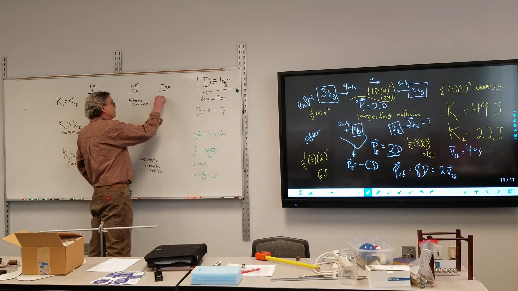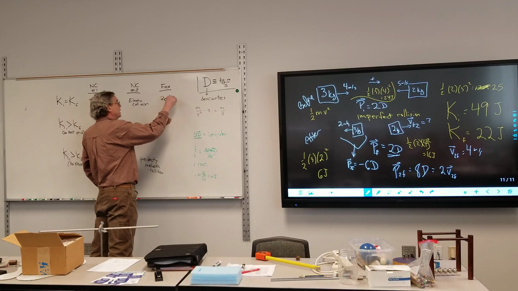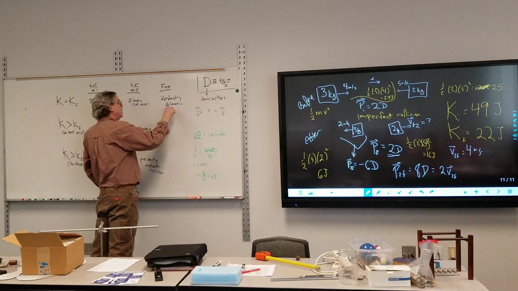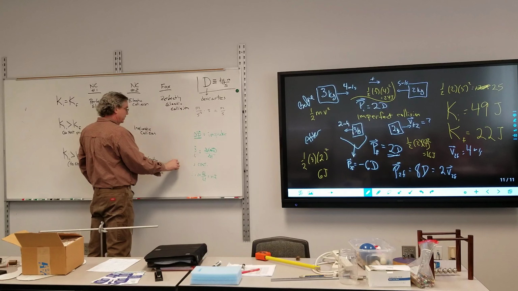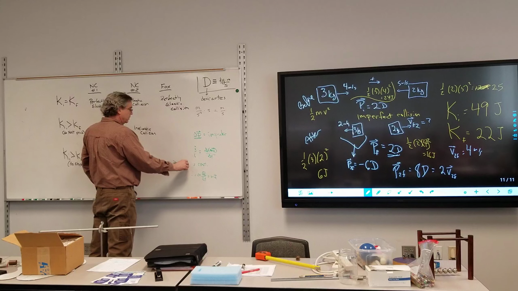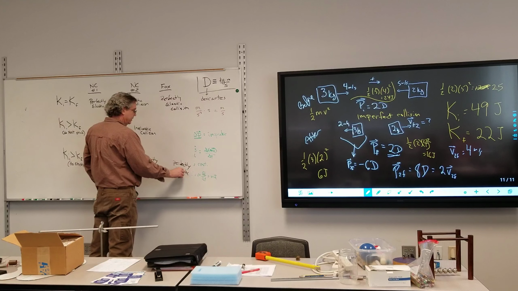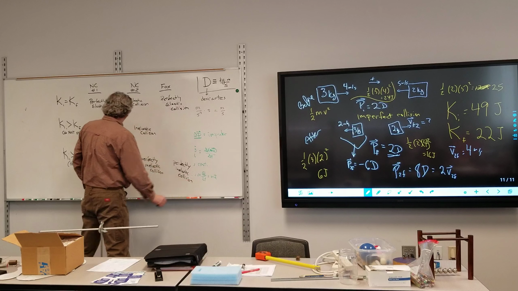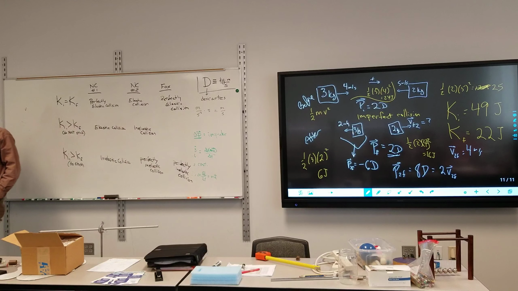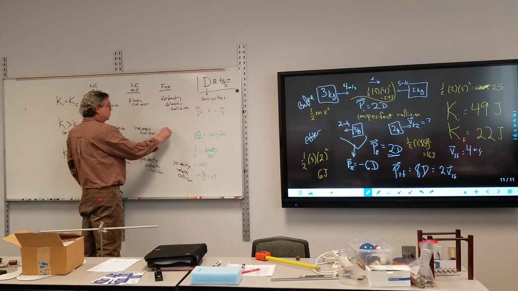So I call this a perfectly elastic collision. And this one I call a perfectly inelastic collision. Now in the middle, I didn't really have a name for it other than it wasn't either of those, and then a student suggested imperfect, and I liked it. So this is imperfect.